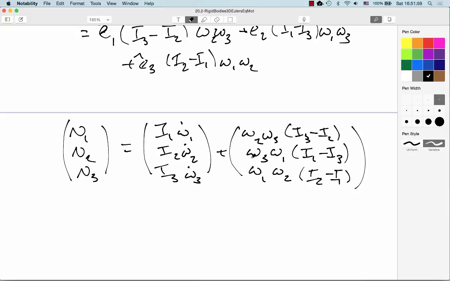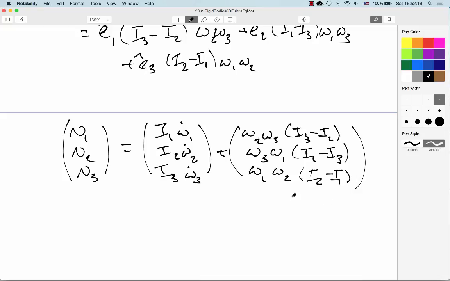Now I permuted these just because we can go 1, 2, 3, 3, 2, 2, 3, 1, 1, 3, 3, 1, 2, 2, 1 as a way to remember it.